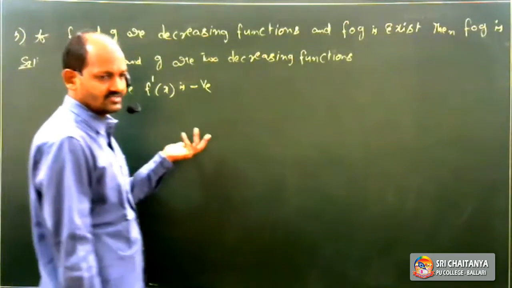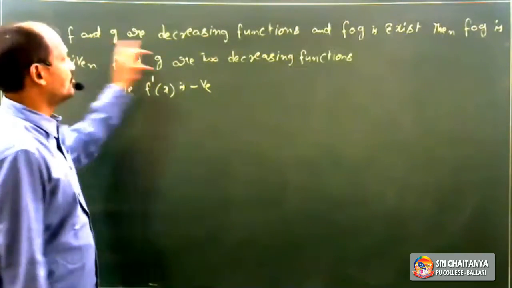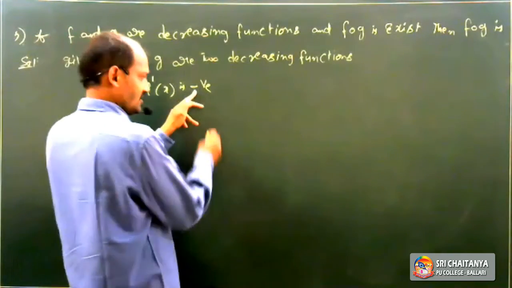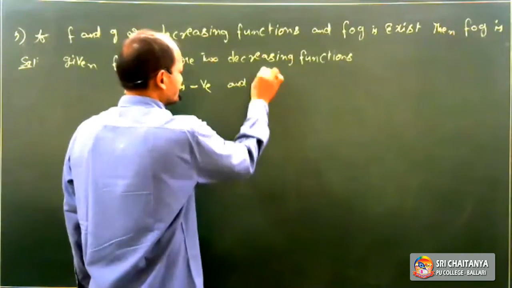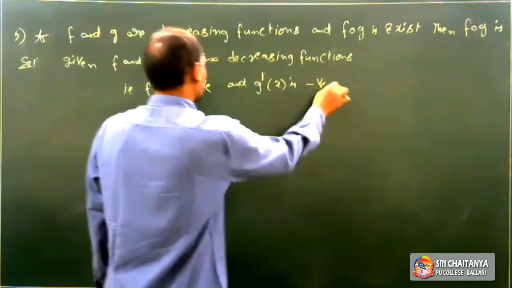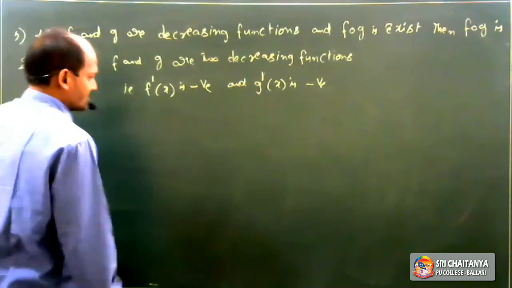First derivative less than 0 means decreasing, greater than 0 means increasing. Here f and g both are decreasing functions. That means f dash of x is negative and g dash of x is also negative. Both are negative. And f circle g exists.